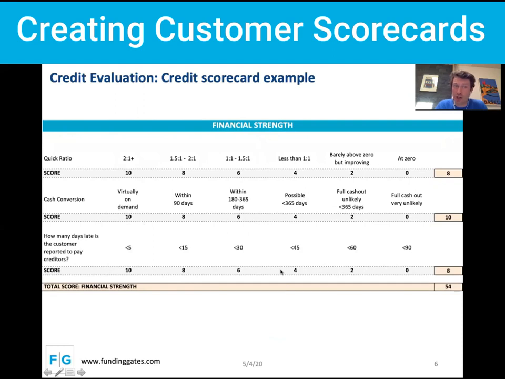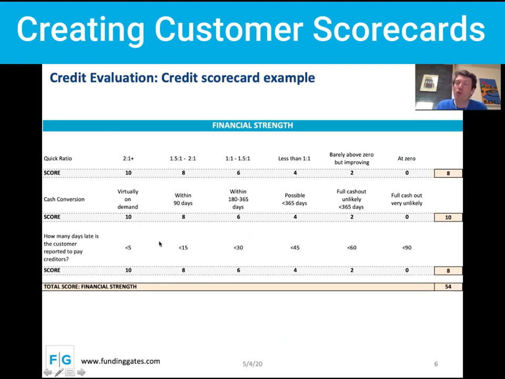Then there's the quick ratio, right? So how well the company can cover its liabilities with its most liquid assets, i.e. cash, right? Taking out any inventory, which is illiquid. And if the company has a quick ratio of 1.5 to 1 to 2 to 1, it has a score of 8, right? So again, you give it a band from 0 to 10.